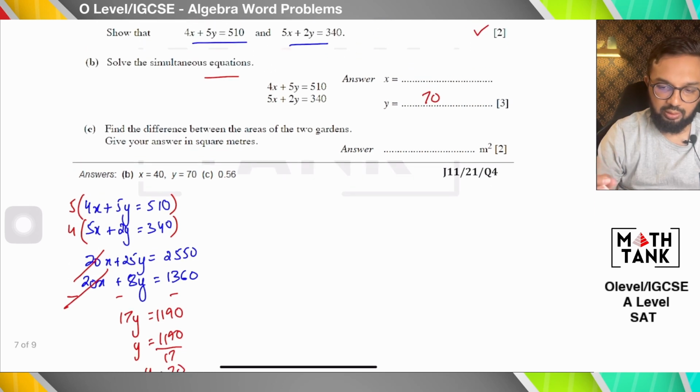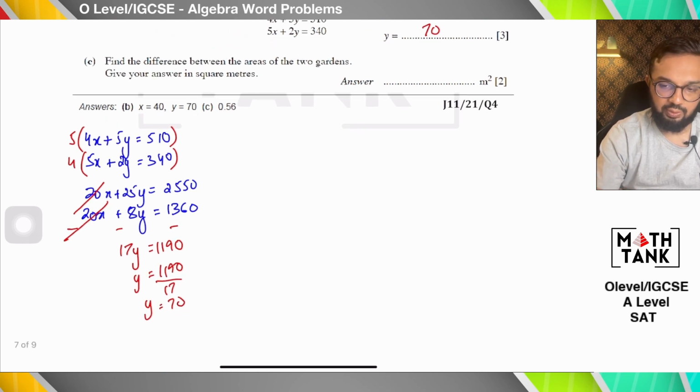Okay, and x, I can use any of the equations to calculate x.